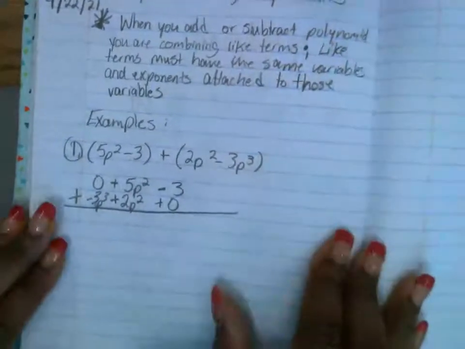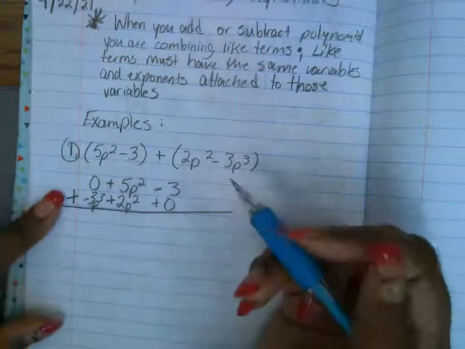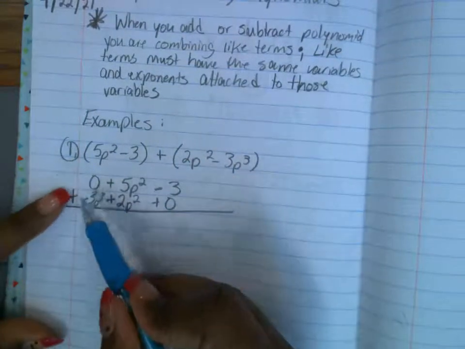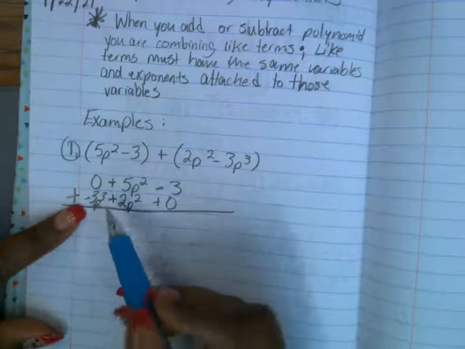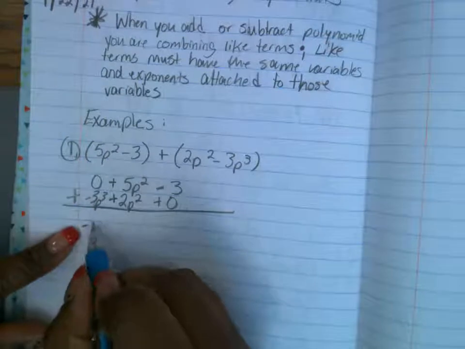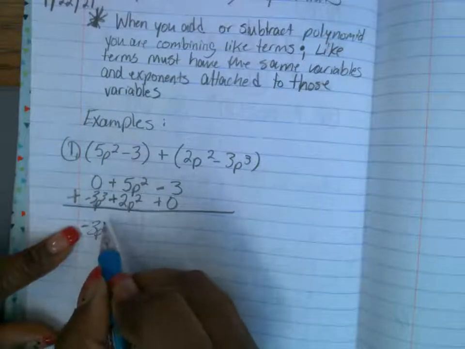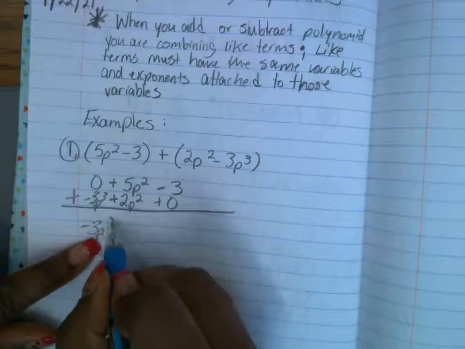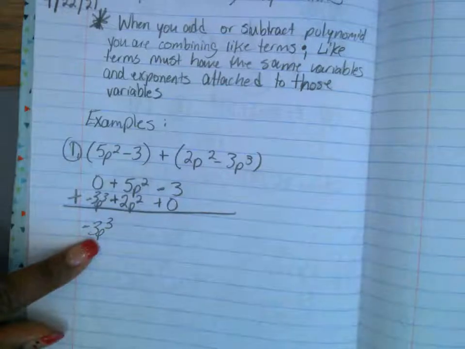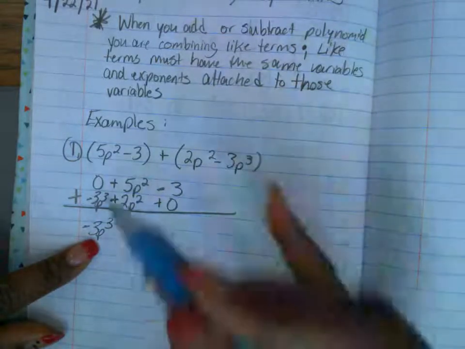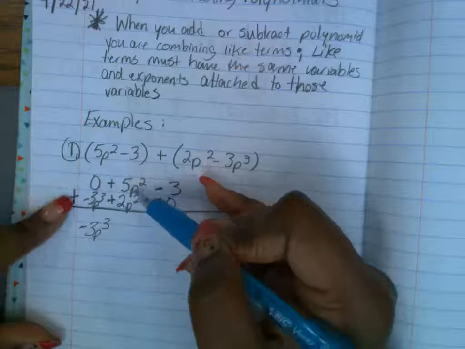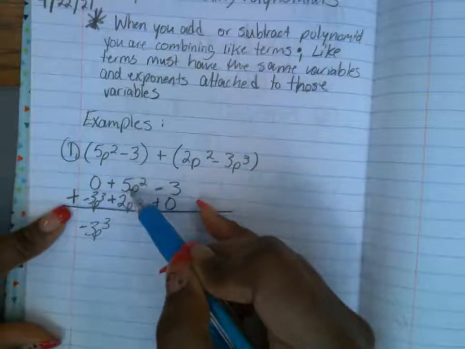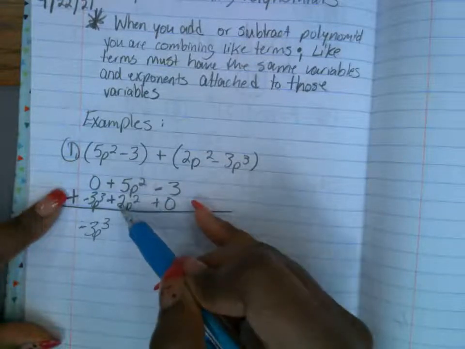Okay? All right, so now when we add, we have 0 plus this negative 3p to the third, and that's just going to be negative 3p to the third. Next, we're going to add these terms together because they're alike. So this is 5p to the second plus 2p to the second.